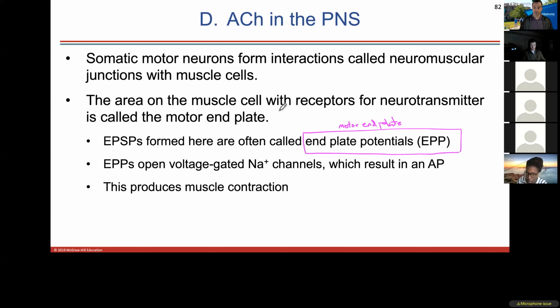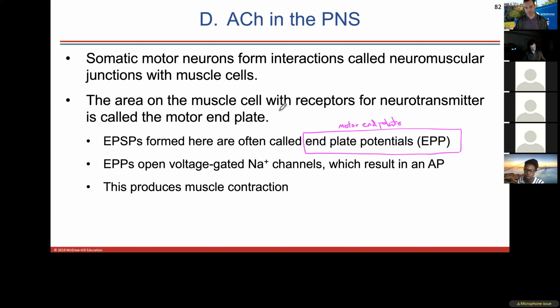That causes an end plate potential. And remember, acetylcholine is always going to be excitatory here. Okay, it's nicotinic. So this EPP we now call just an end plate potential because it's happening only at the motor end plate of the sarcolemma.